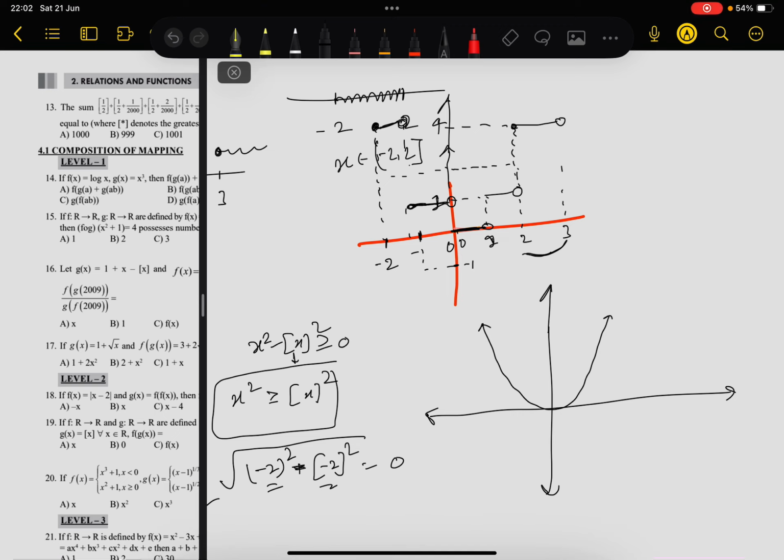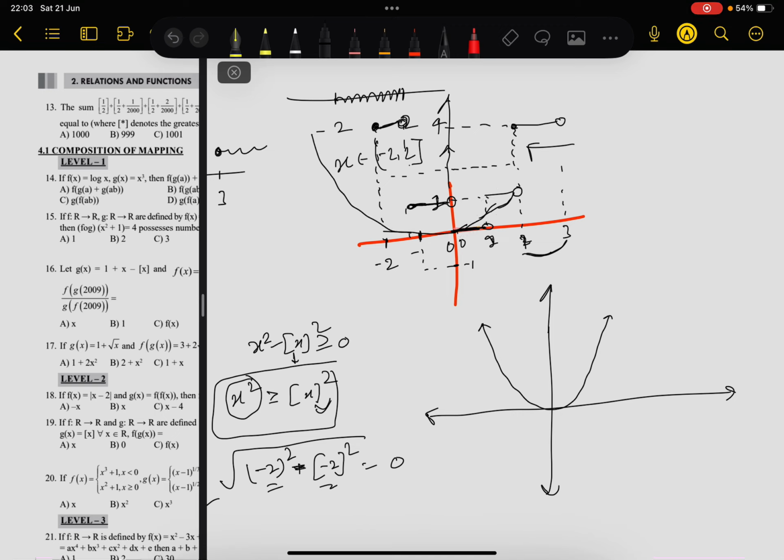So on both sides, the graph of x square is like this. For x equals to 2 you will also get 4. For x equals to 2, square of 2 is 4. This is like this, right? So as you can see here, we need to find when x square is greater than box x, right?